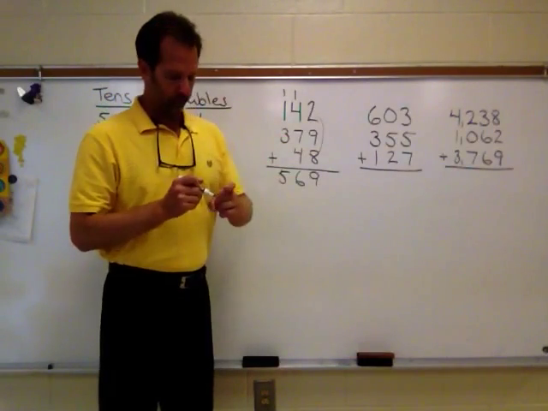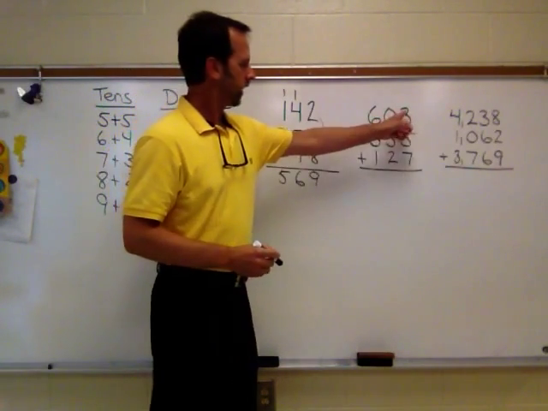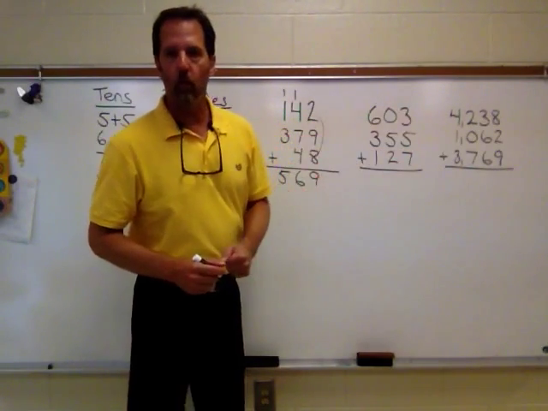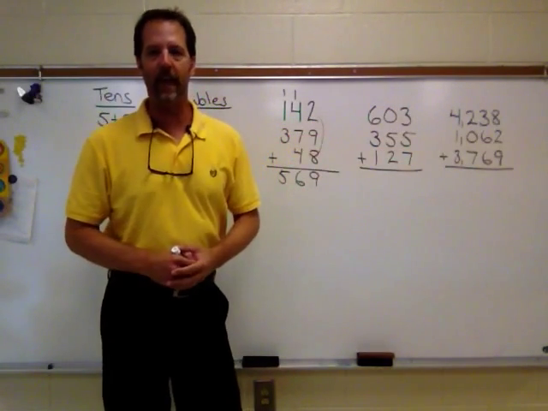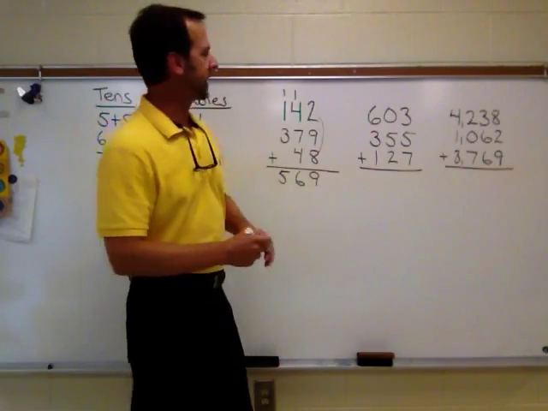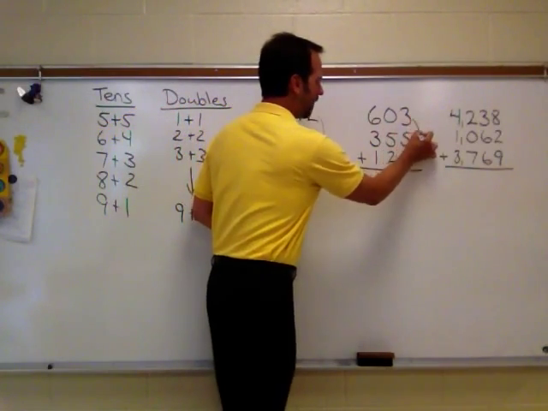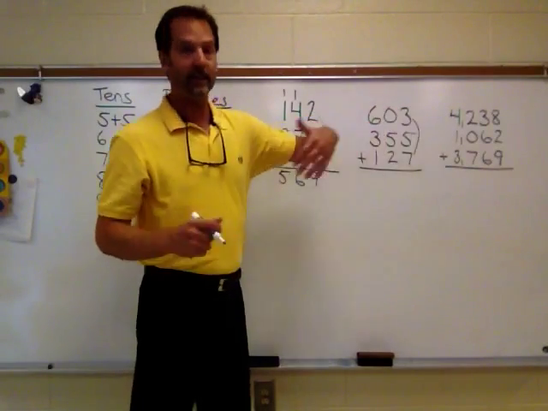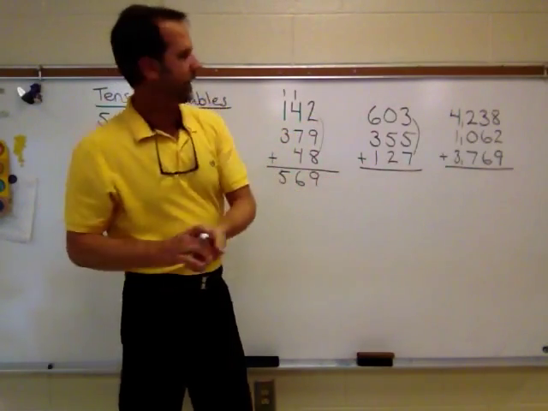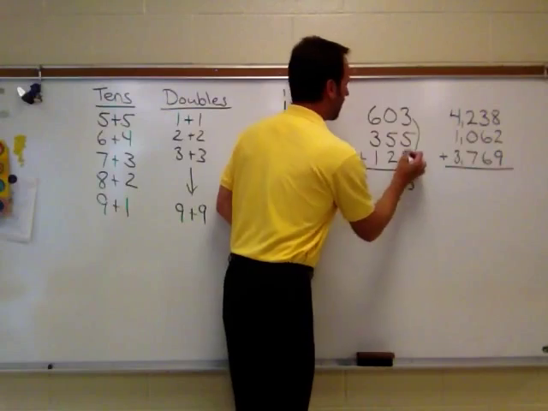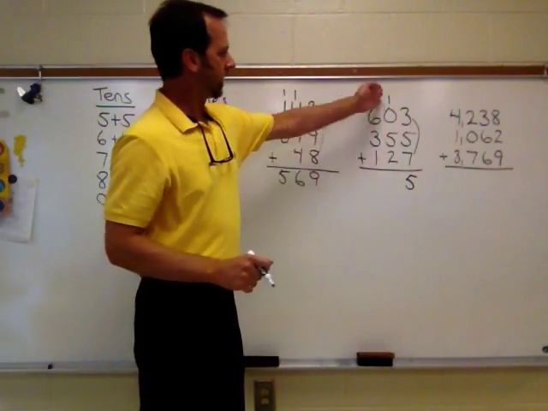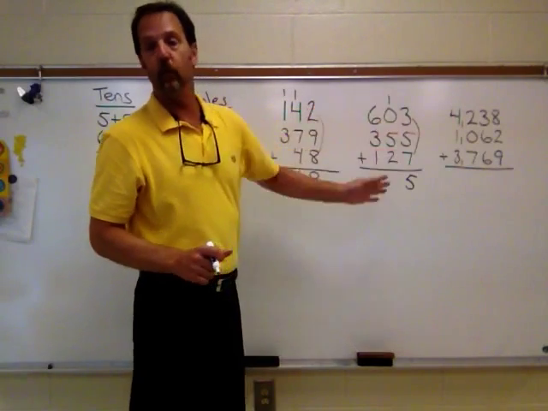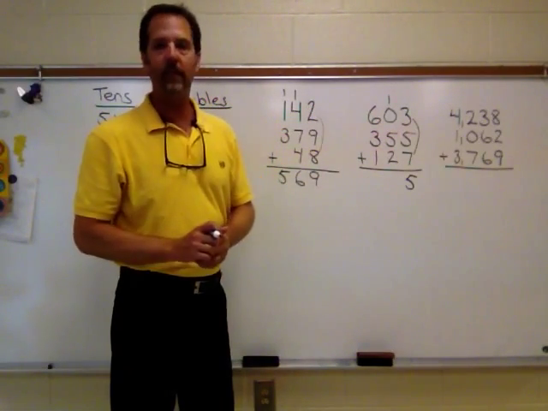Take a look at the next one. Anything here in the ones place that gives you a 10? Yes, there's a 3 and a 7. So I'm going to add the 3 and the 7 first. 3 and 7 is 10. Then 10 and 5 is going to be 15. We're going to leave the 5, carry the 1. Looking in the tens column, are there any numbers there that give you a 10? No, not in this case.